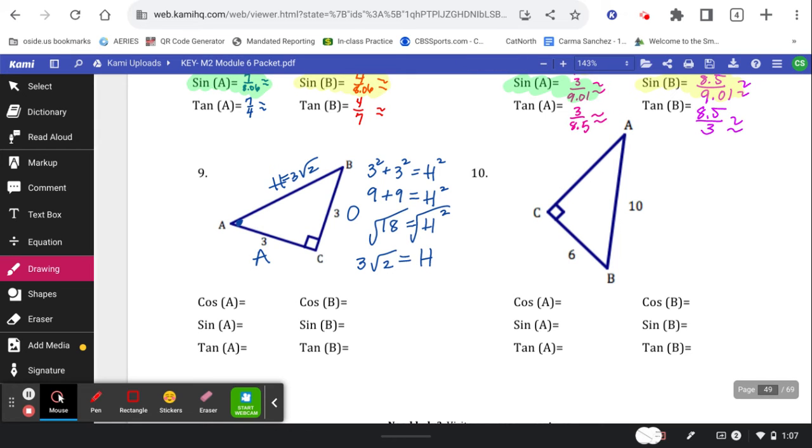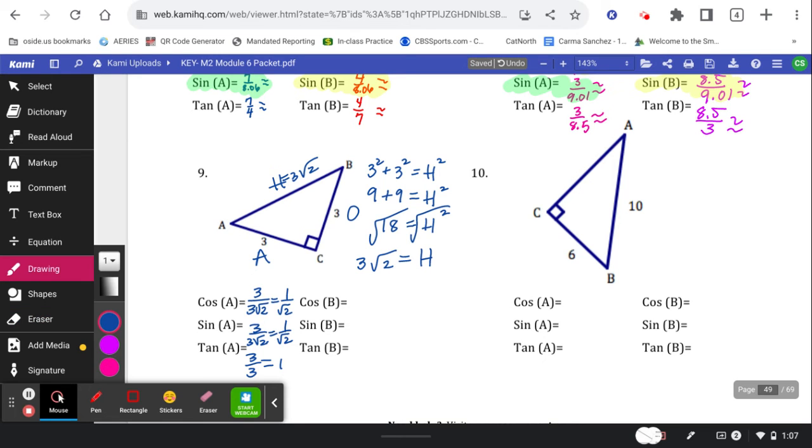Here comes cosine of A, adjacent over hypotenuse. Sine of A, opposite over hypotenuse. Tangent of A, opposite over adjacent. We're switching reference angle now.